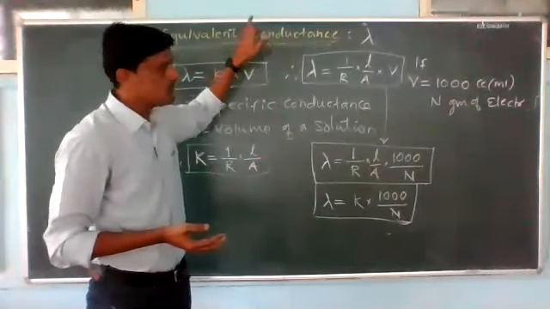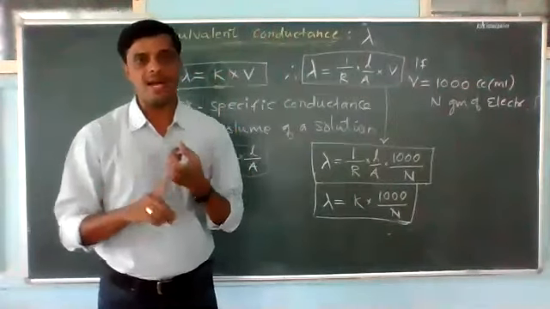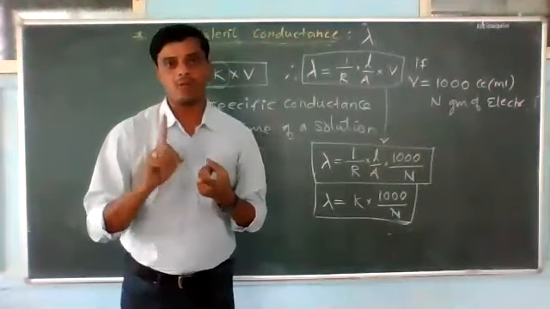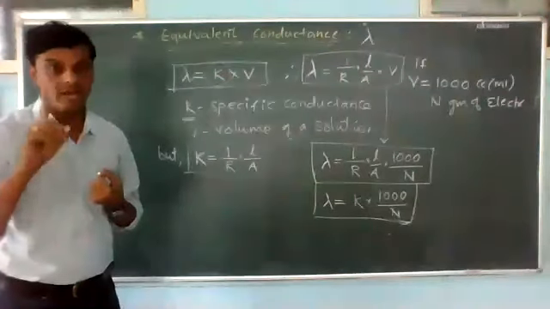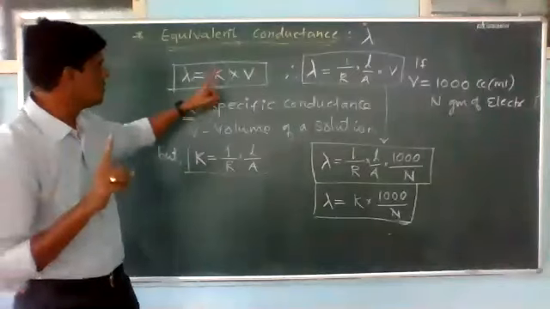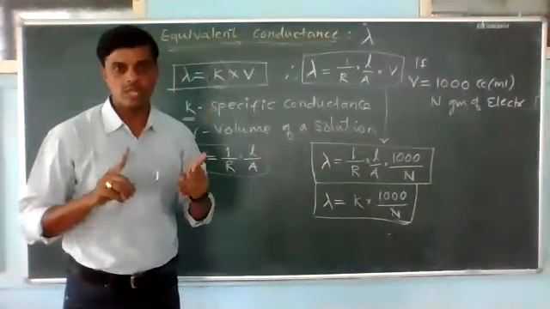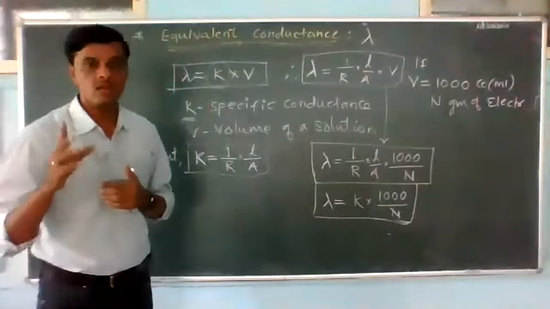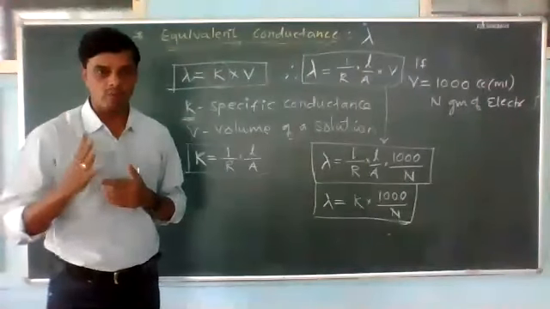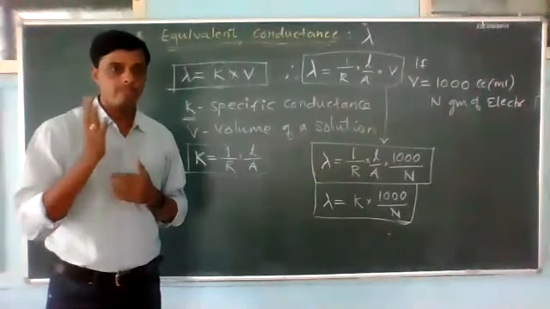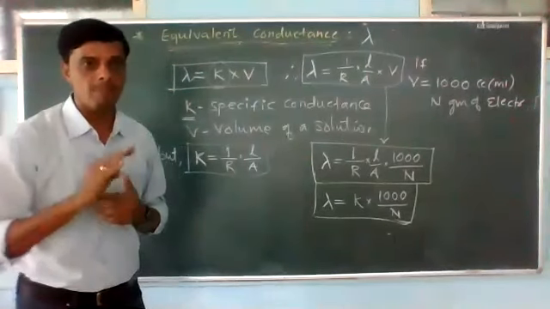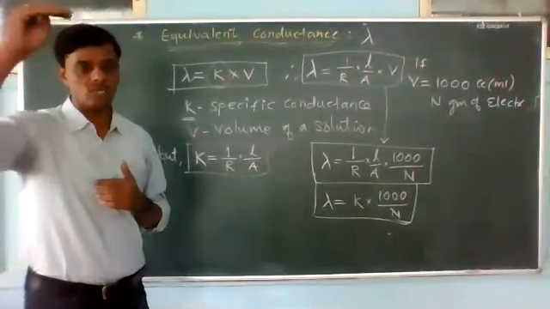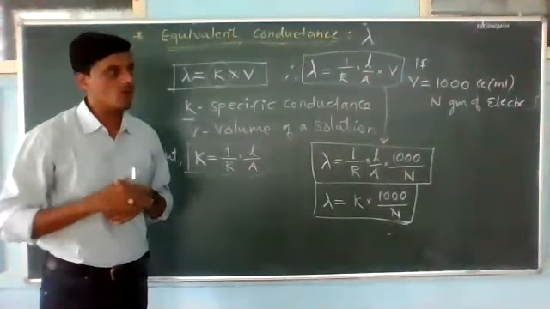ओके, take for example, if I ask you to prepare 1 liter of 1 gram equivalent solution of NaOH, then you have to take accurately 40 gram of NaOH, then dissolve this much amount of NaOH in water and make that solution up to 1000 ml or 1 liter.